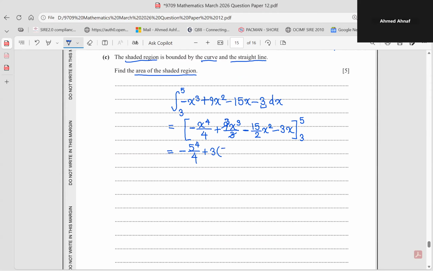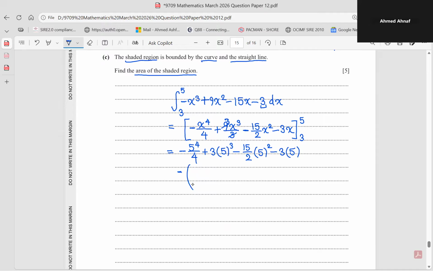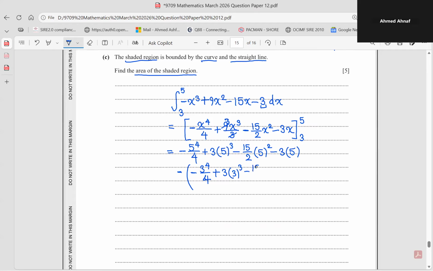So 3 times 5 cubed minus 15 over 2, 5 squared minus 3 times 5, and then minus the same thing but for 3, so minus 3 to the power 4 over 4 plus 3 times 3 cubed minus 15 over 2, 3 squared minus 3 times 3.